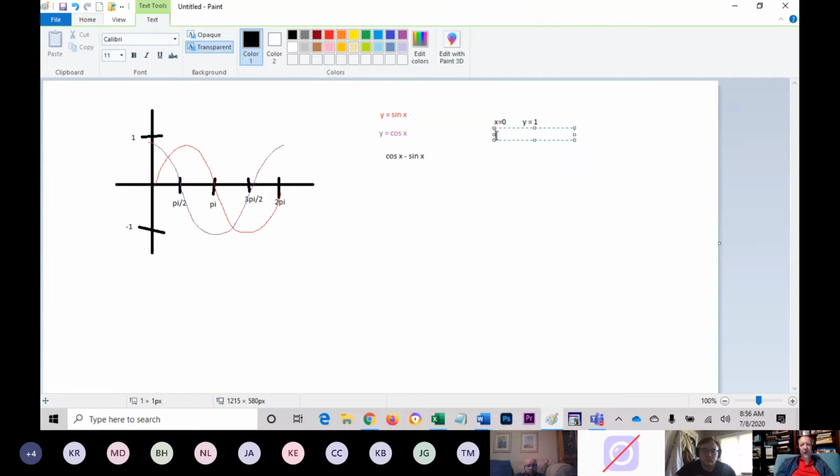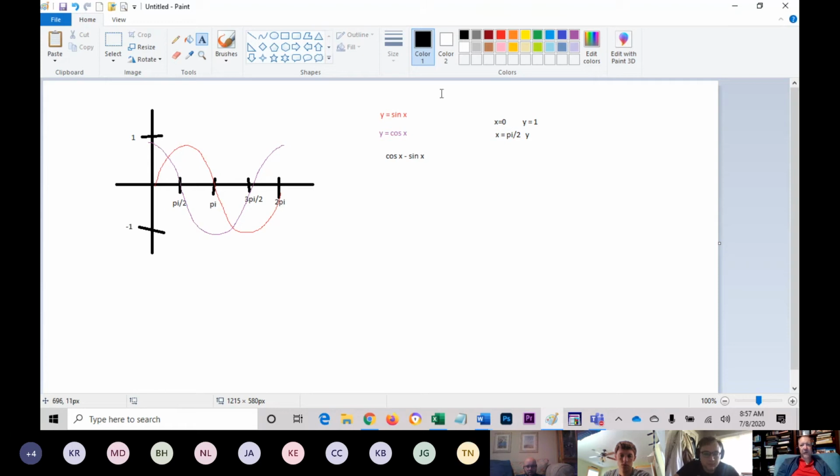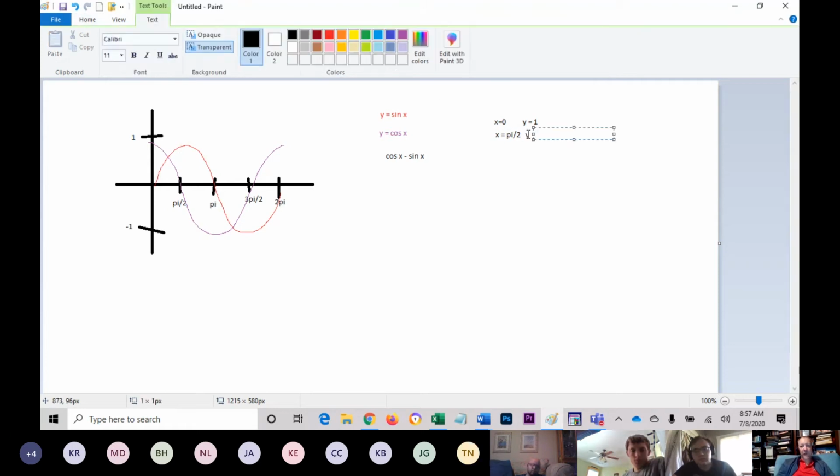So when x equals pi halves, what does y equal? 1. No, it's not going to equal 1, it's -1. Because we're taking 0 minus 1, right? Because cosine is 0, we're subtracting 1, so that's going to be -1. Gotcha.